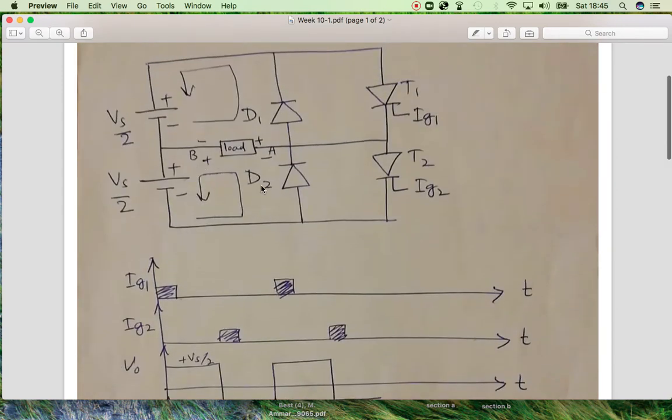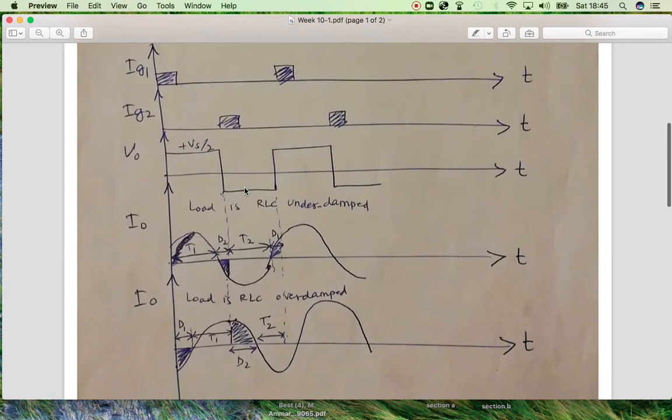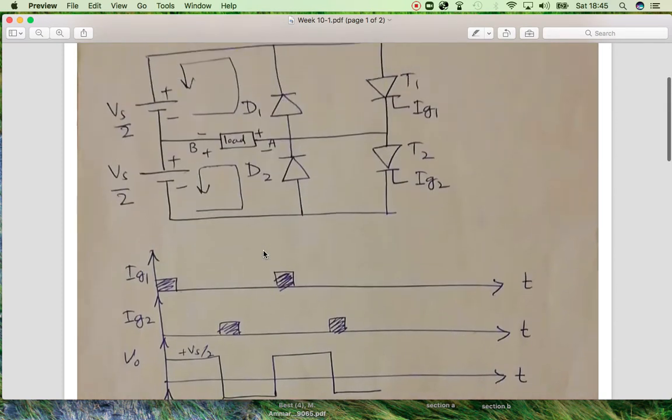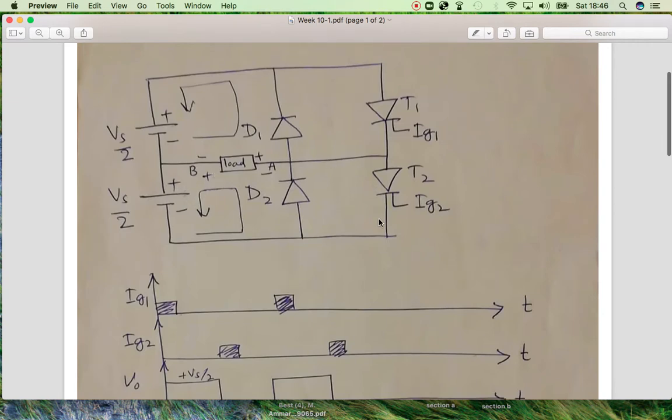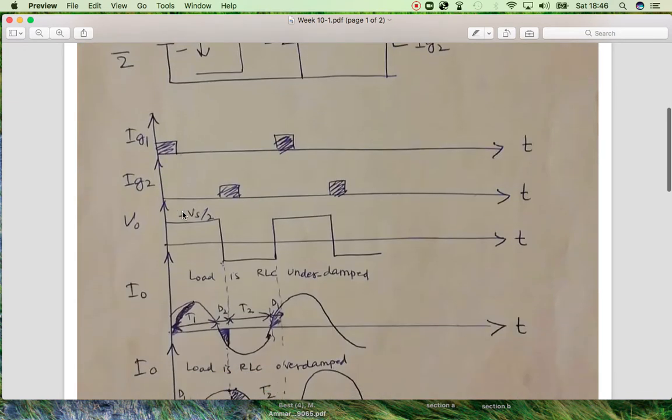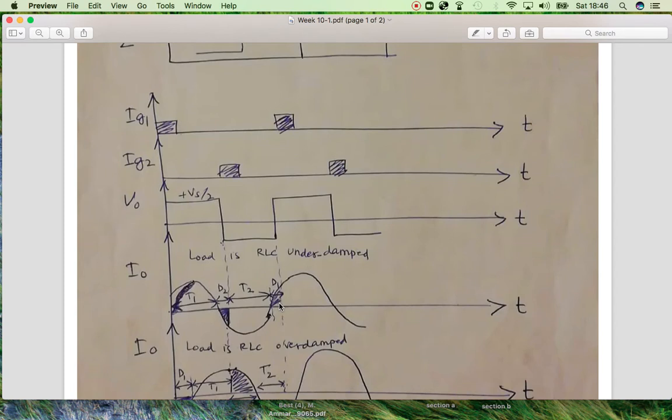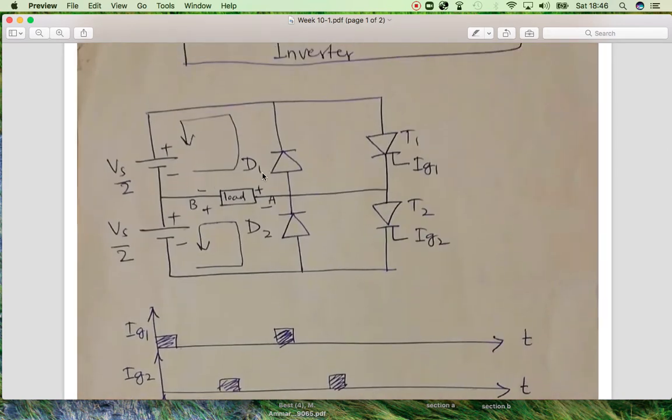And when both the voltage and the current are negative, then during that duration the current is being supplied by the supply and it is flowing from here to here. And when the current is positive and the voltage is negative, then at that instant the current is being provided by the load and passing through the D2 diode.